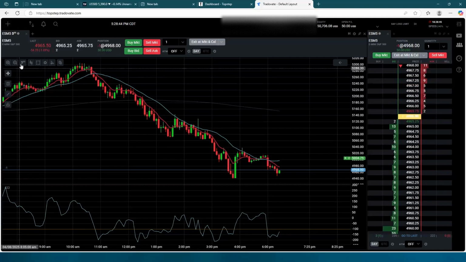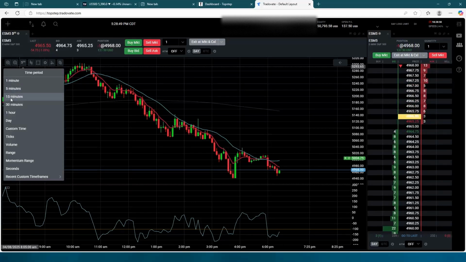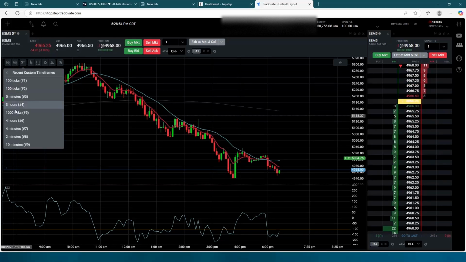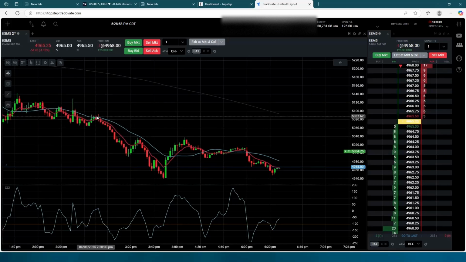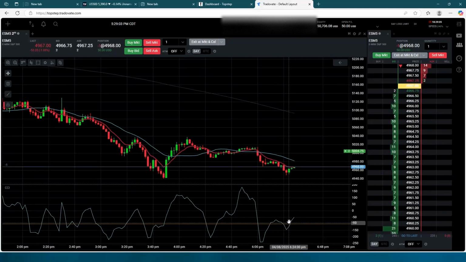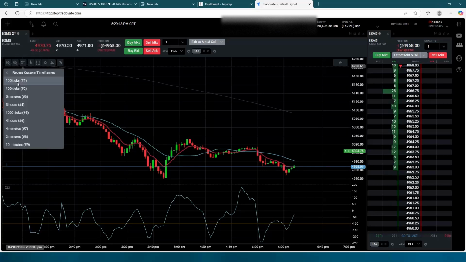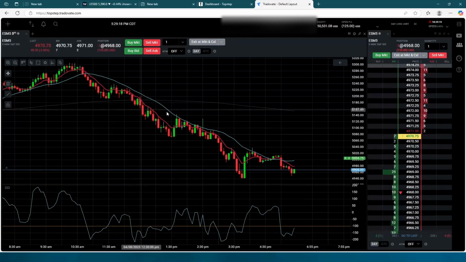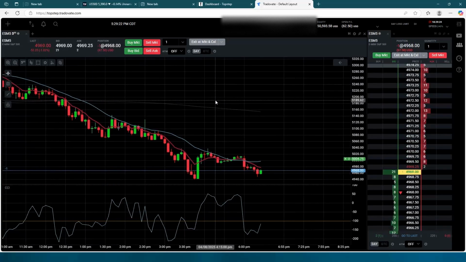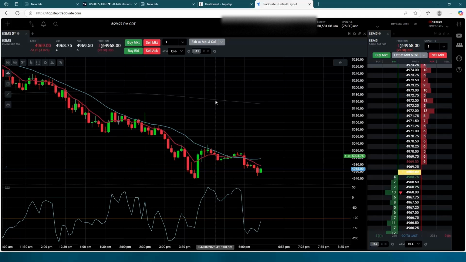So let's go to the 2-minute chart, and same scenario. Well, we're trading above this line right here. However, on the higher time frames, we're still below the 8-period EMA, which is one of the things that we keep our eye on.